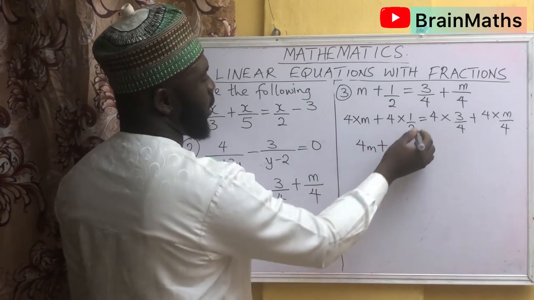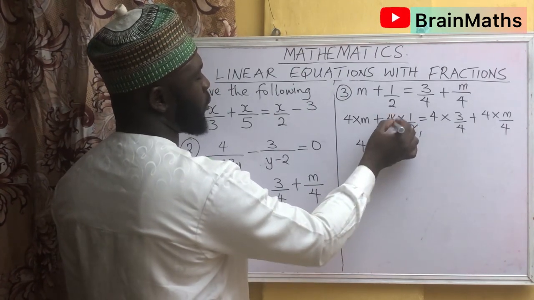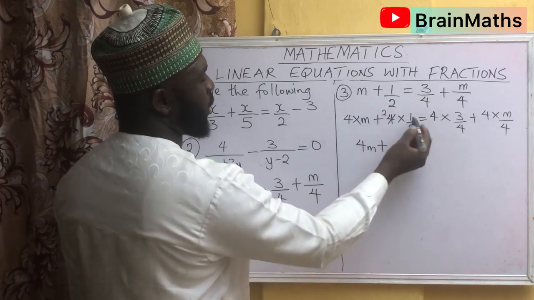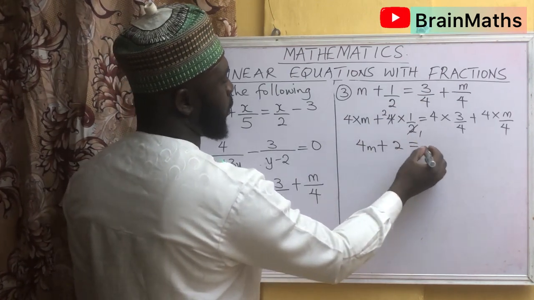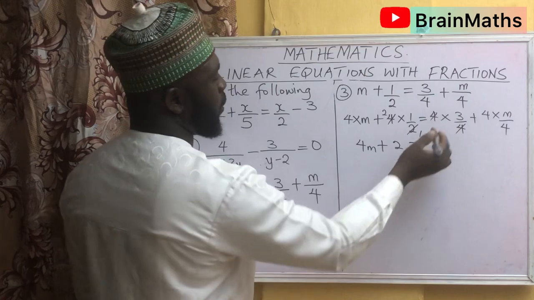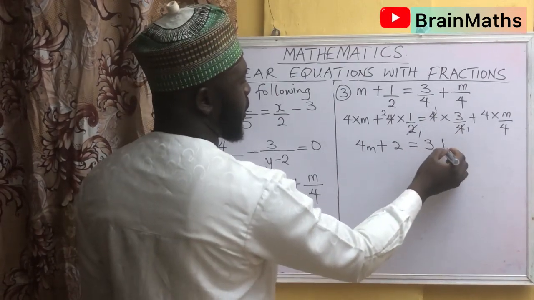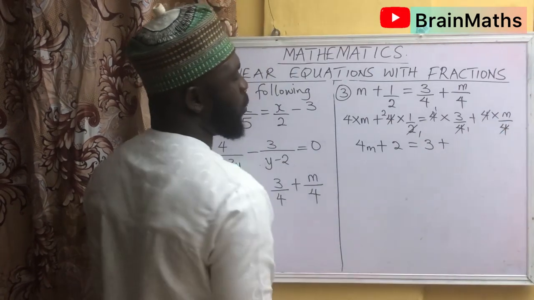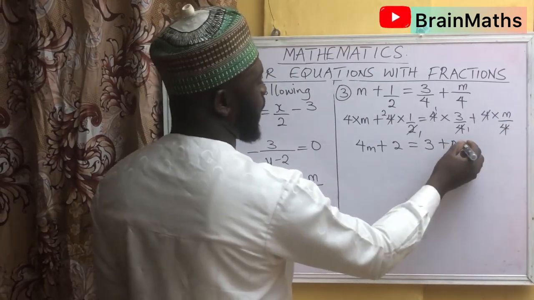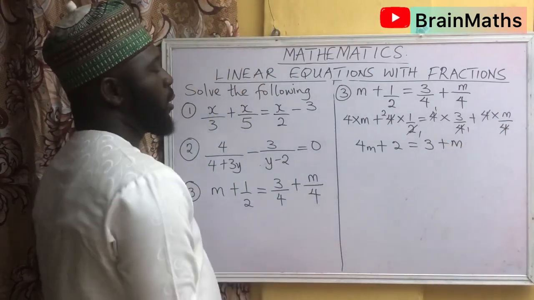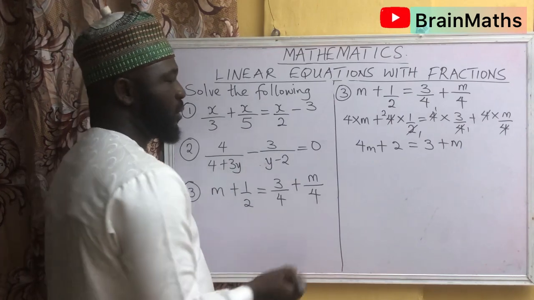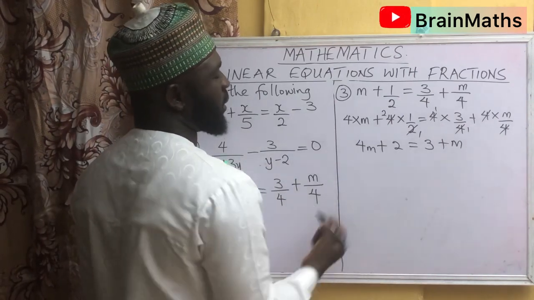4m plus how many 2 in 2? 1. 2 in 4, 2. 2 times 1, 2 equals 4 in 4, 1. 1 times 3, 3 plus 4 in 4, 1. 1 times m. So the next thing is to collect like terms. We are bringing m to this side.